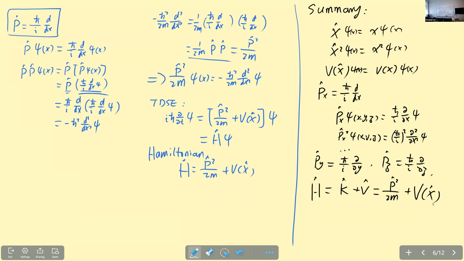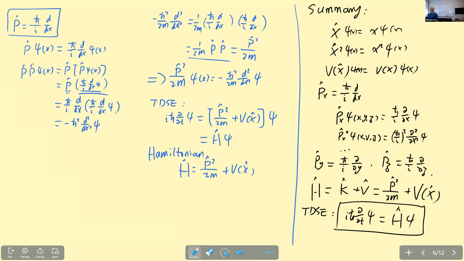Right, and then the time-dependent Schrödinger equation can now be written as i h bar partial t psi equals H acting on psi. So this is a very compact form, okay? It's a little bit abstract, but it's perfectly compact. Right, very nice properties, okay? Formalism, okay?